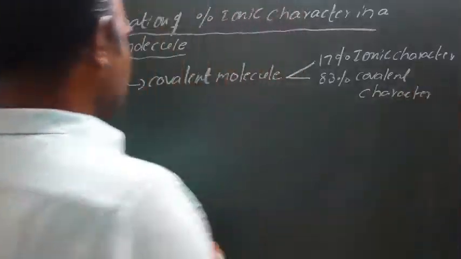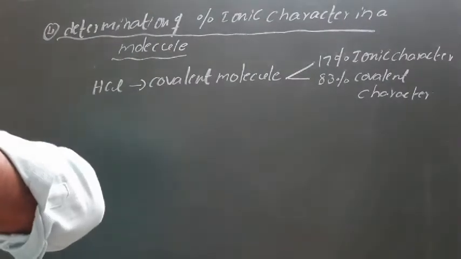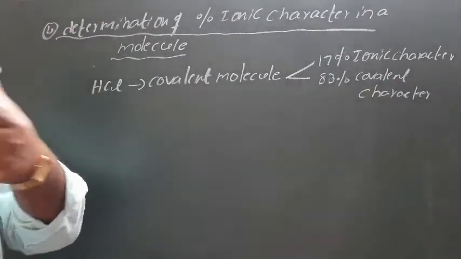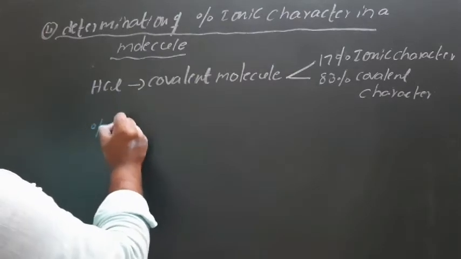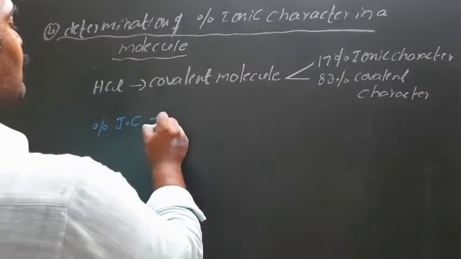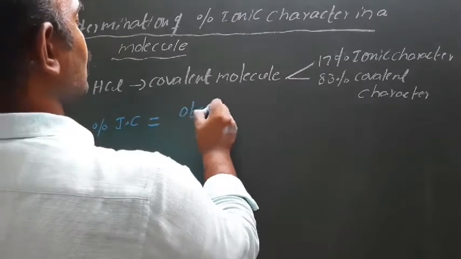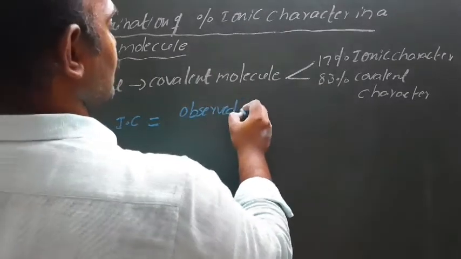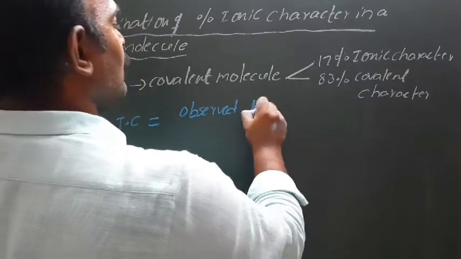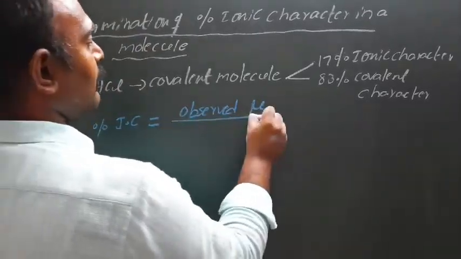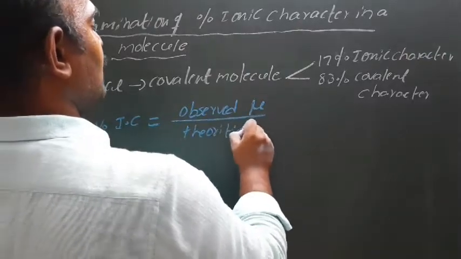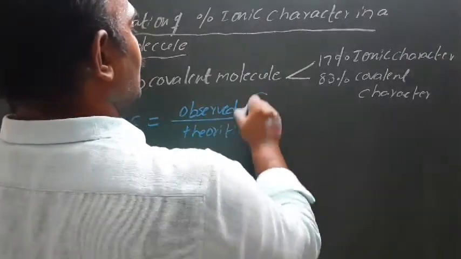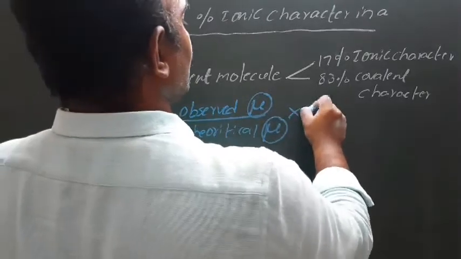Okay, now see here the formula to calculate the percentage of ionic character. Percentage of ionic character is equal to observed dipole moment by theoretical dipole moment into 100.